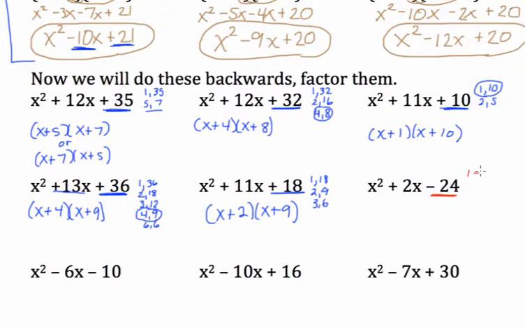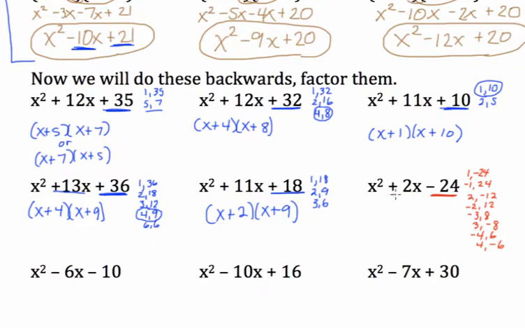We could have 1 and negative 24, negative 1 and positive 24, 2 and negative 12, or negative 2 and positive 12, negative 3 and 8, or 3 and negative 8, negative 4 and 6, or 4 and negative 6.